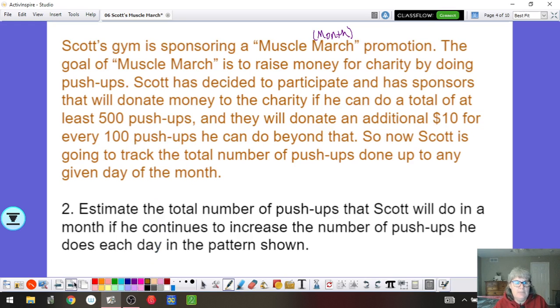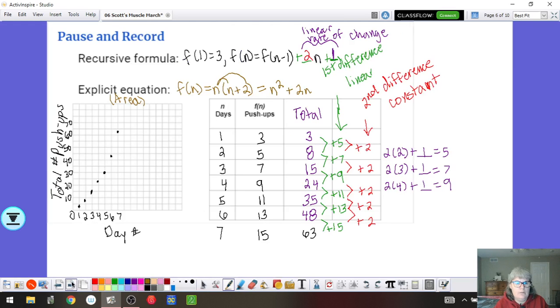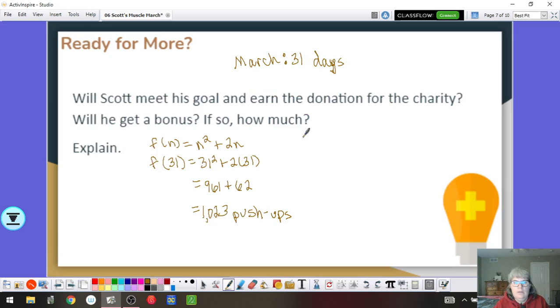So yes, he meets his goal, and so 1,000 is 500 more than 500, and for each of those hundreds he gets $10. He'll get a $50 bonus.